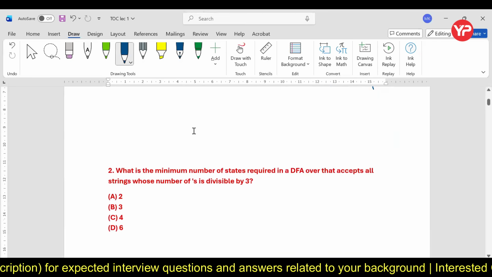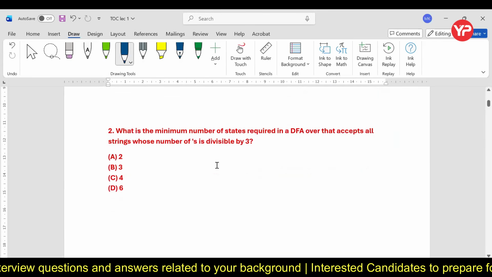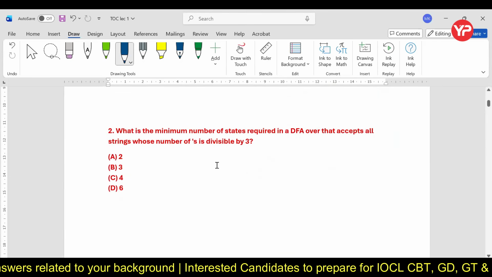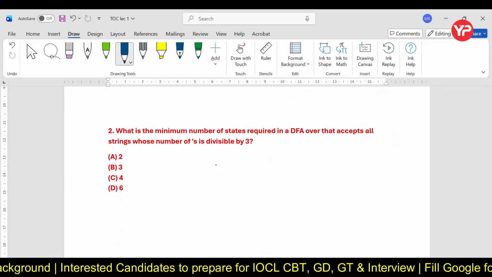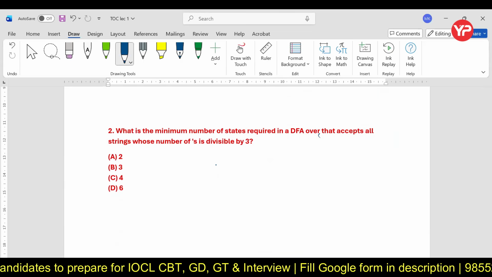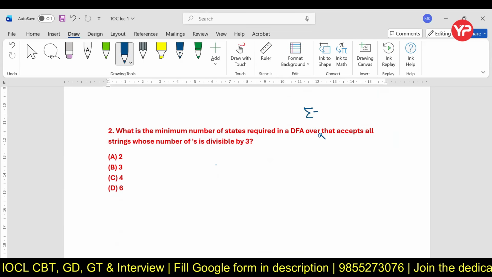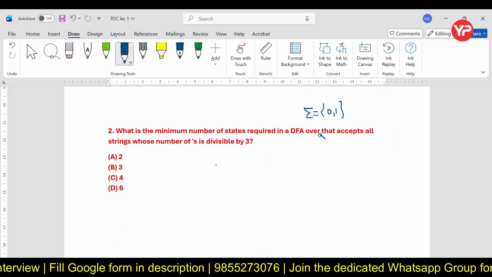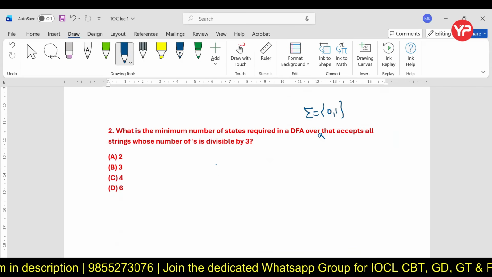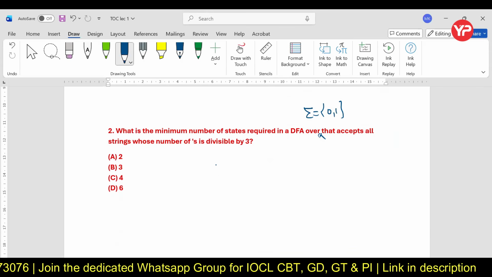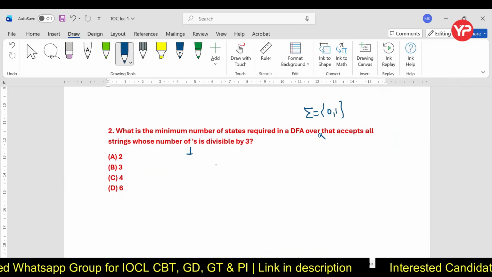What is the minimum number of states required in a DFA over sigma, again here also {0, 1}, that accepts all strings whose number of ones is divisible by 3?